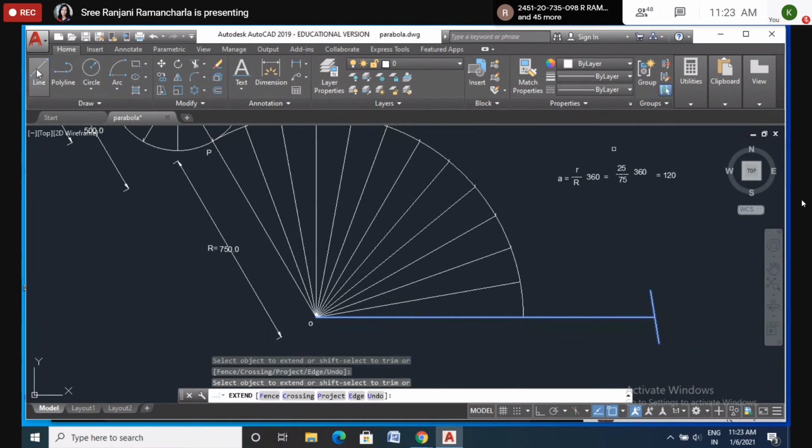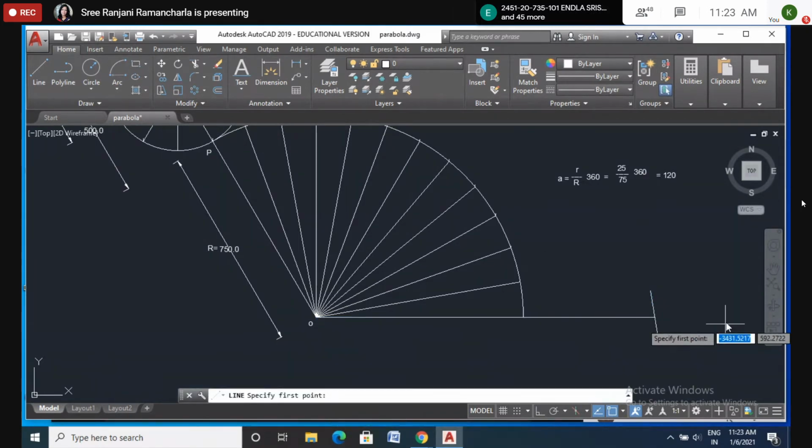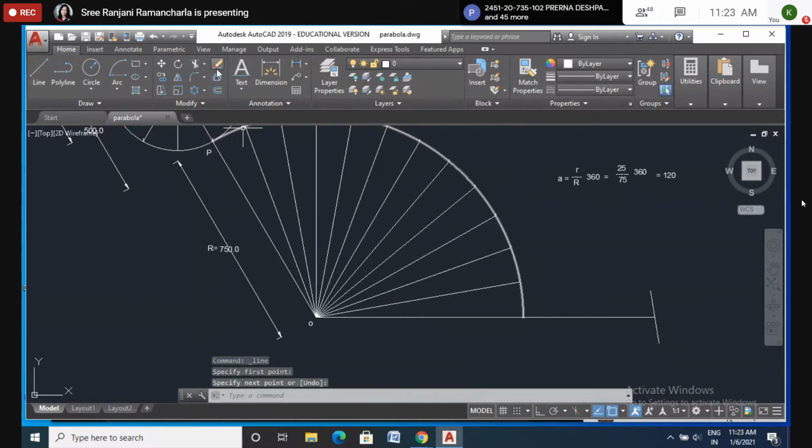So I want to draw one more line here. I will trim it later on. So this is more than 5 centimeter.